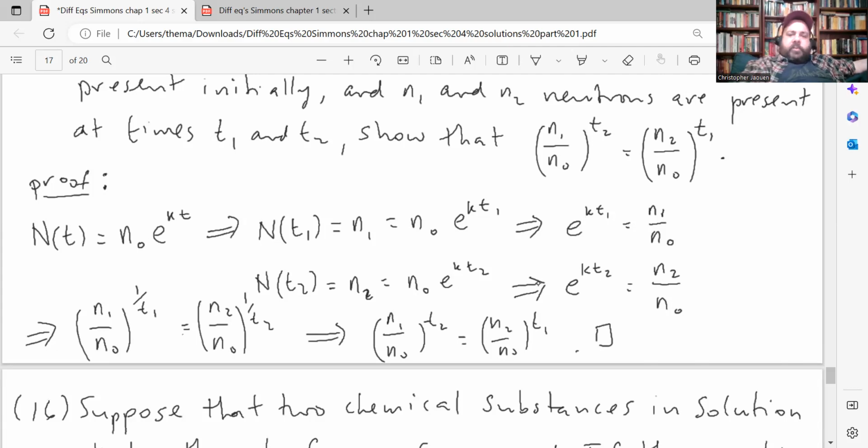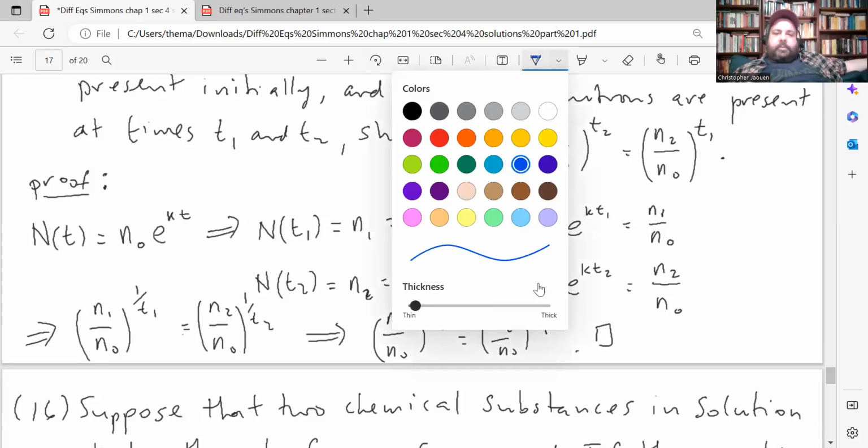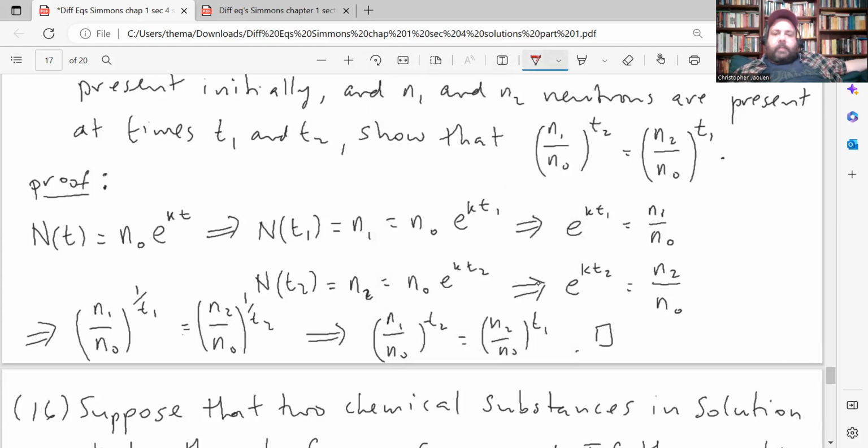And then, for both of these equations here, we can do this in red just so it's easy to see. I can raise both sides here to the 1 over t1 power. Here I can raise this to the 1 over t2 power. Okay, here they cancel.